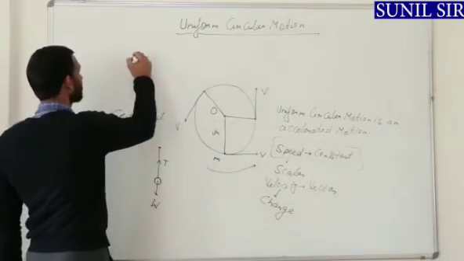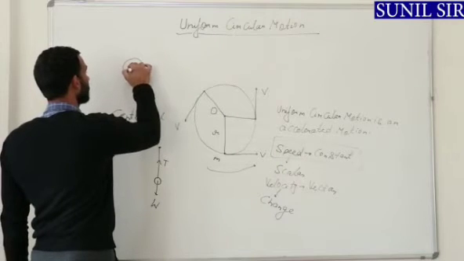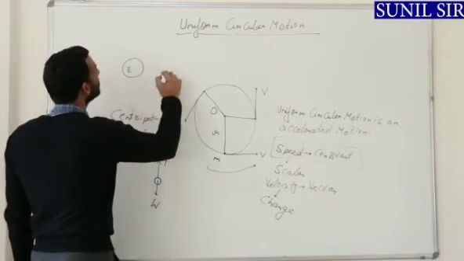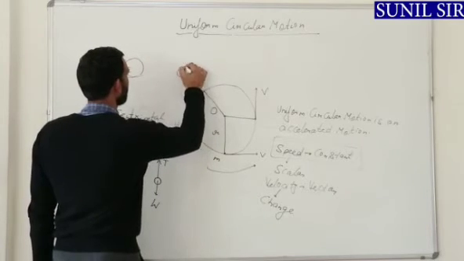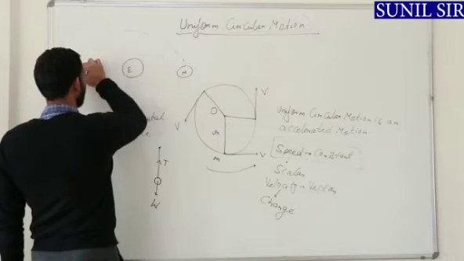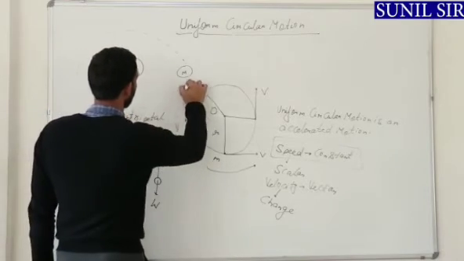Now if you take Earth and we take the Moon to be here. The Moon is revolving around the Earth in a circular orbit.